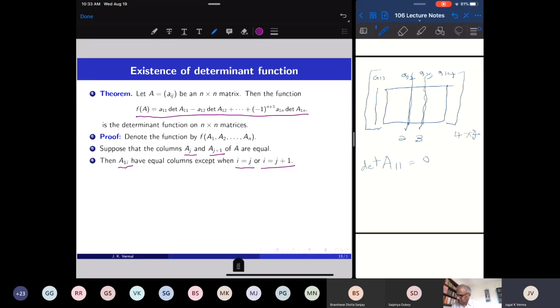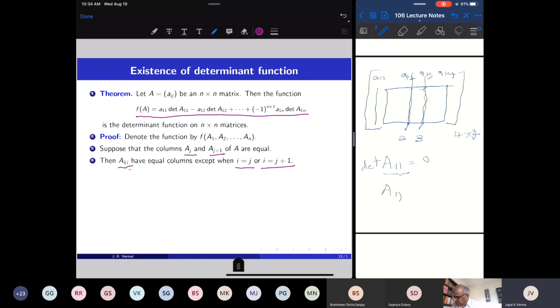Here i was equal to 1 and it was not equal to 2 or 3, so the submatrix A11 continues to have two identical columns. When i equals j or j plus 1, we will be removing one of these columns to calculate A1j or A1,j plus 1.